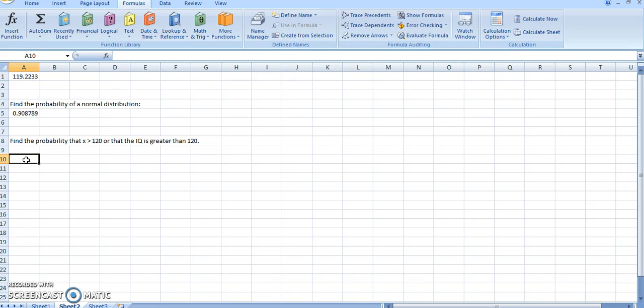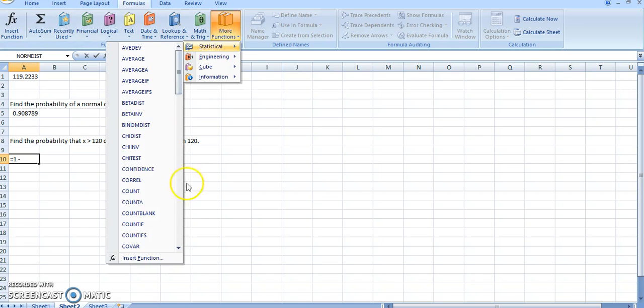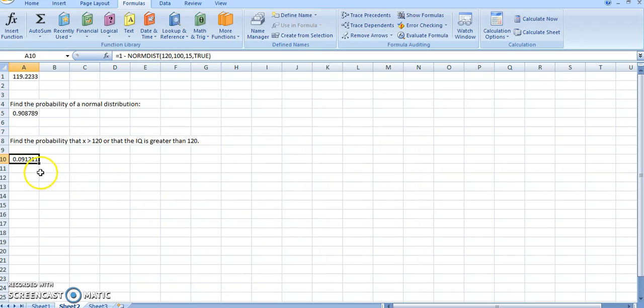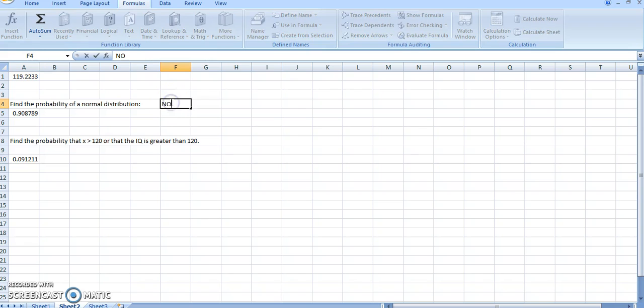You can also do equals 1 minus, and then go up and grab the formula, norm distribution, and then type in all your values. And then this would be the area to the right of 120. So again, if I have a normal distribution, this is norm DIST without the S because it's not a standard normal.